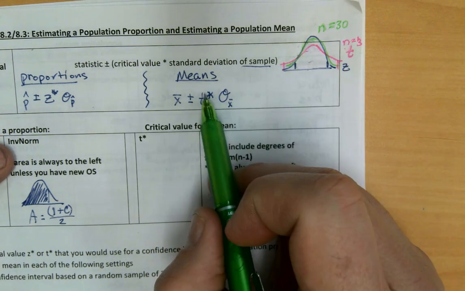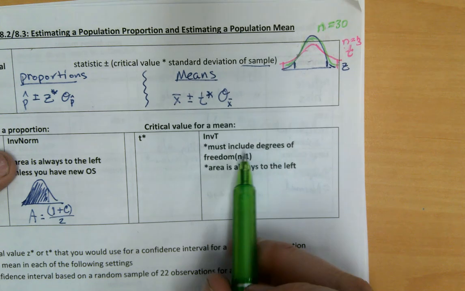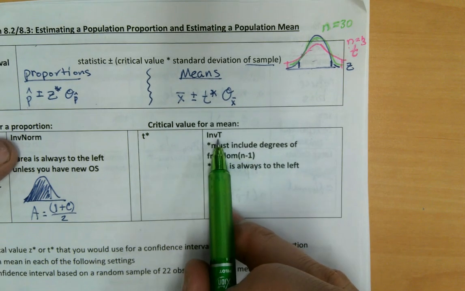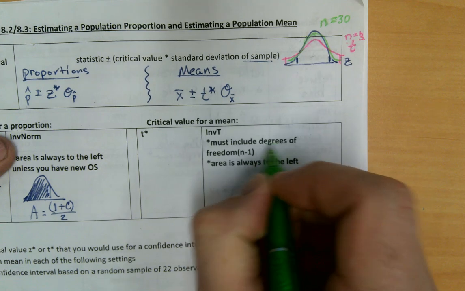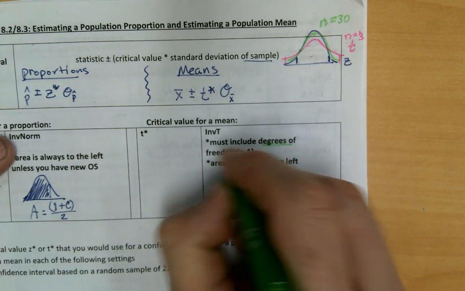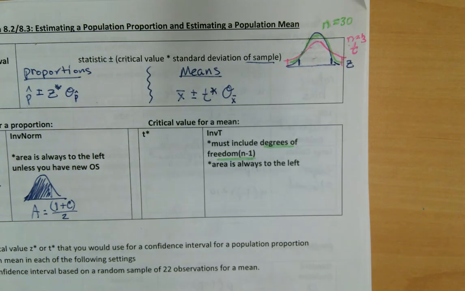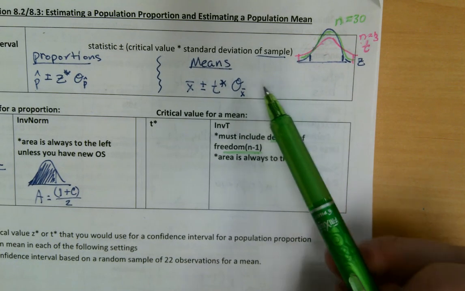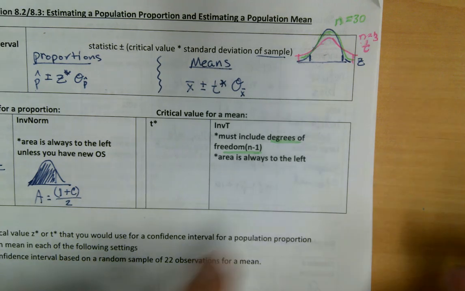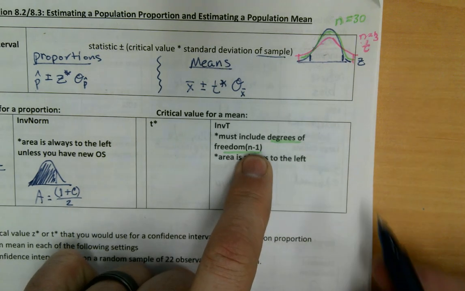Okay, so whenever we talk about a t distribution, we must always include the degrees of freedom, and remember that's n minus 1. Just like when we were dealing with the sample standard deviation from chapter 1, we dealt with n minus 1 in the denominator instead of n.